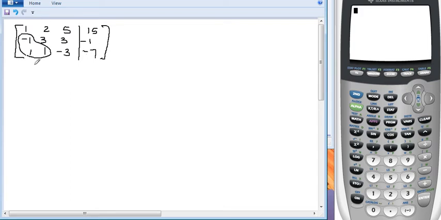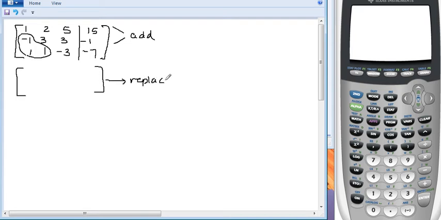What I'm going to do next, and I suggest you really stay organized on these, is write down over here what you're doing: add and replace.